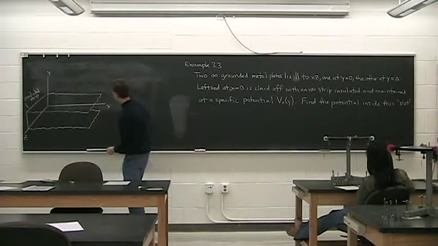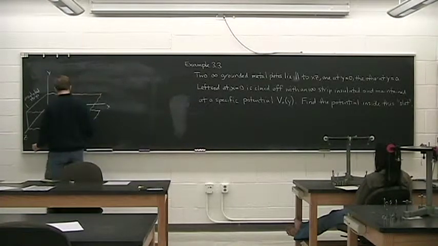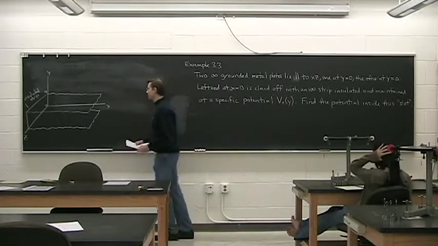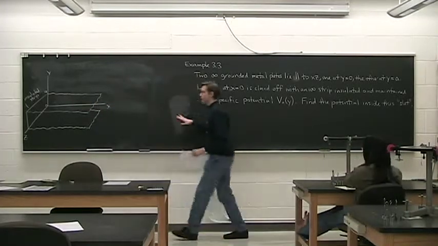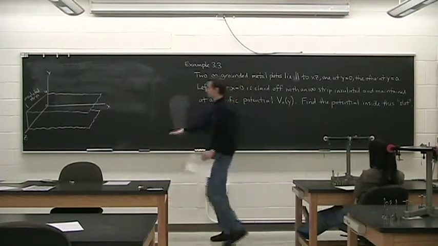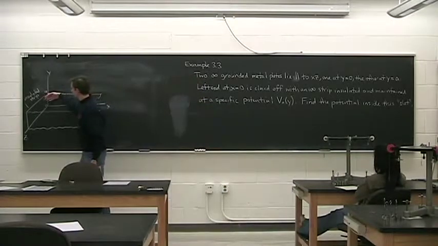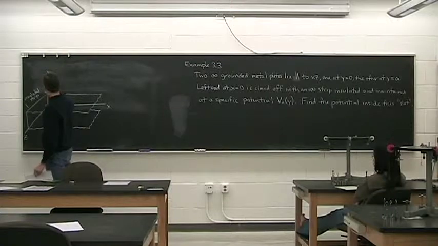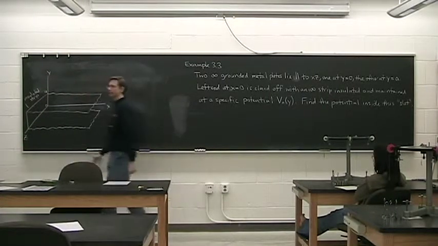It's y equals a for one of the planes, y equals 0 for the other. These metal planes stretch off to infinity parallel to the xz plane, and there's this insulated strip that goes from 0 to a, connecting the two ends along the yz plane.